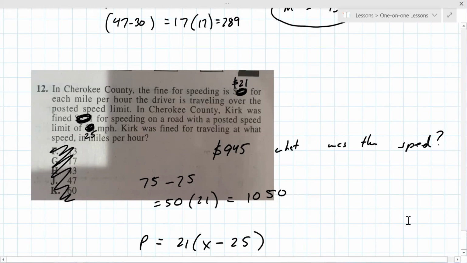Is it 70? Does that sound right? The speed, yeah, because it ends up being x is 45, and then it's 25 plus 45, which is 70. All right.